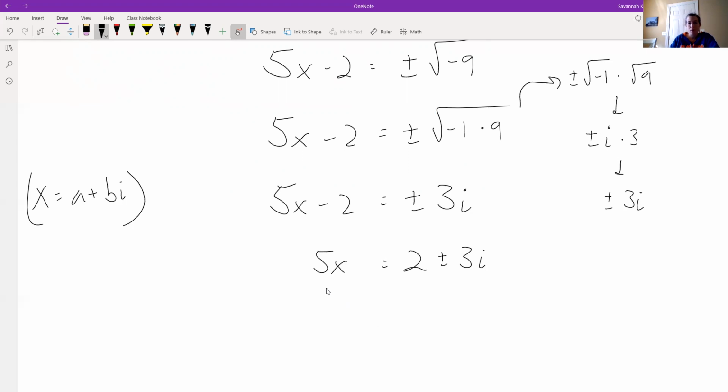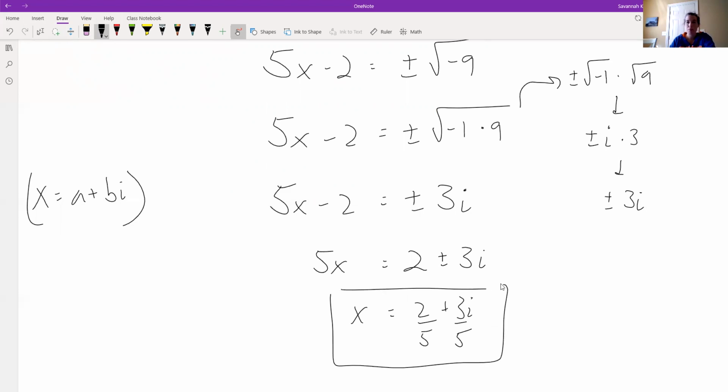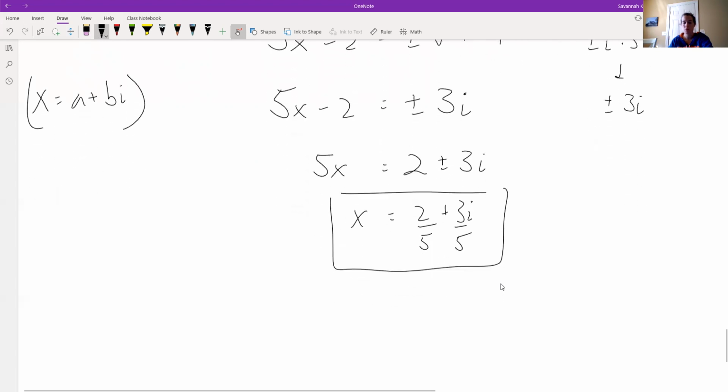Depending on the way you're wired, when you divide through by the 5, you might think to do this, which is not mathematically incorrect at all. But remember, the a and the b need to be completely separate things. So the way that we need to do that is 2/5 plus 3/5 i. We're just playing their little game, keeping them happy, fitting the complex number format.